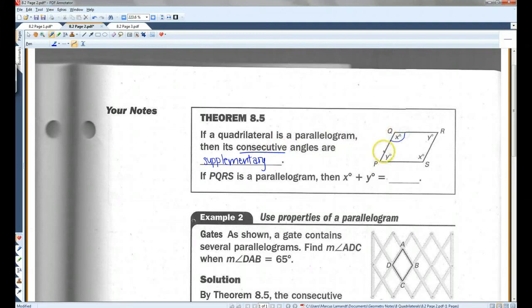So this angle and this angle are supplementary. This angle and this angle are supplementary. This angle and this angle, supplementary. And these two. Any angles that are consecutive, any angles that are on the same side, are supplementary. So if PQRS is a parallelogram, then x plus y equals 180 degrees.